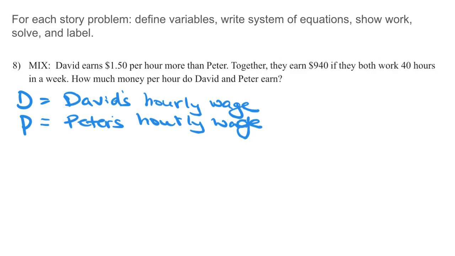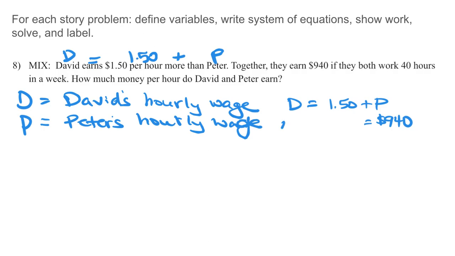And let's reread the problem and put some variables together with that. So David earns $1.50 more than Peter. So that is going to be D equals 1.50 plus P. And if they earn together $940, that is the hourly wage times the number of hours they work.